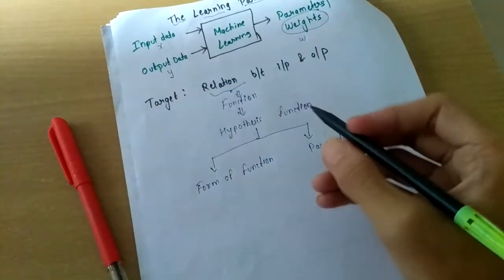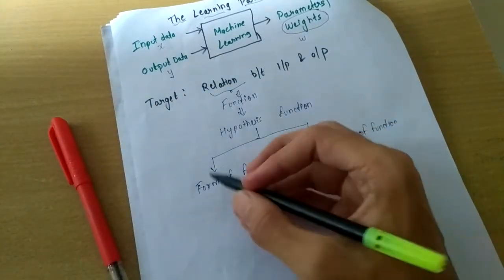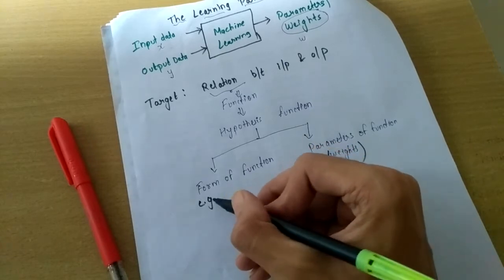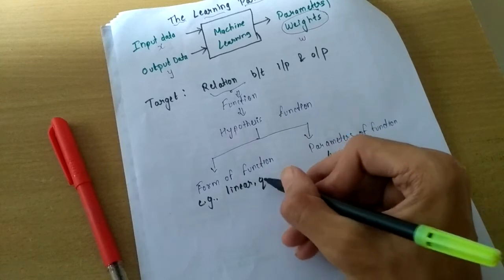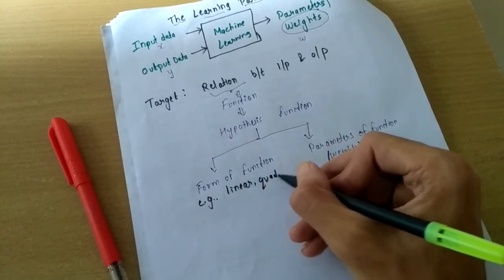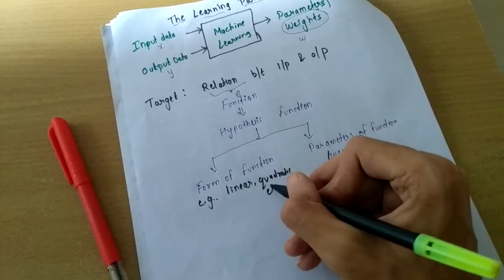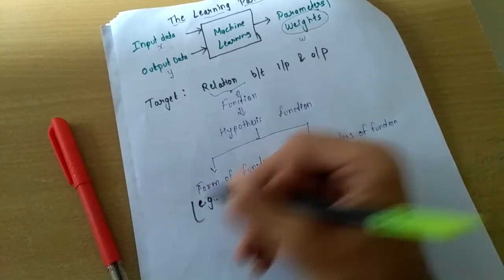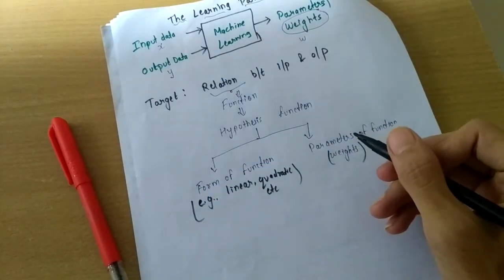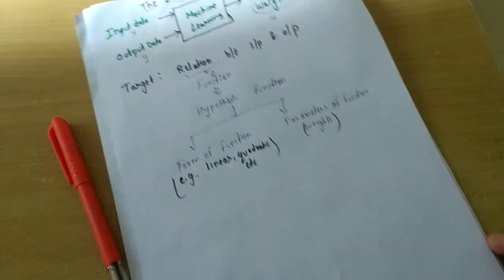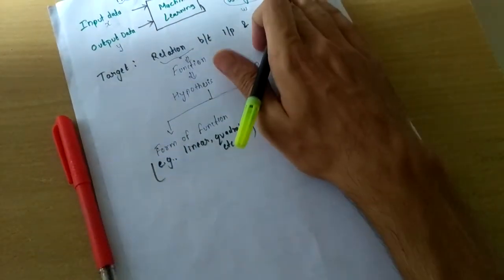So there are two things. First is form, which, for example, can be linear, quadratic, and so on. Linear, quadratic, etc. are considered the form, and parameters means weights. Now, a typical machine learning problem will learn only the weights.